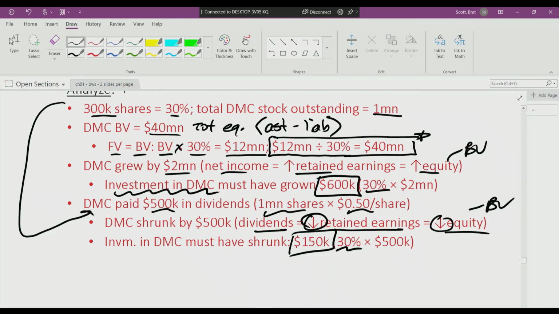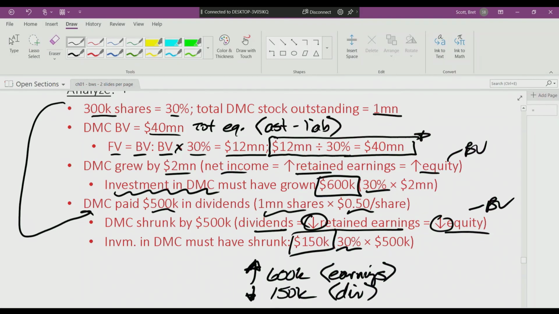So I've got two things going on. I got an increase of $600,000, that's the earnings of the subsidiary. But then there's a reduction in their equity due to the dividends, $150,000. So net, I'm still in a pretty good position. $450,000 net increase overall. Not too bad.